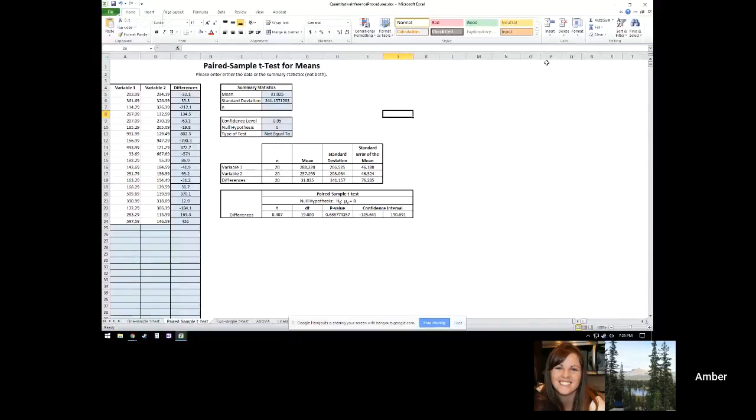So how do you put it in the Excel spreadsheet then? I just copy pasted it into the paired sample t-test. So that second tab. How do I not have a second tab?